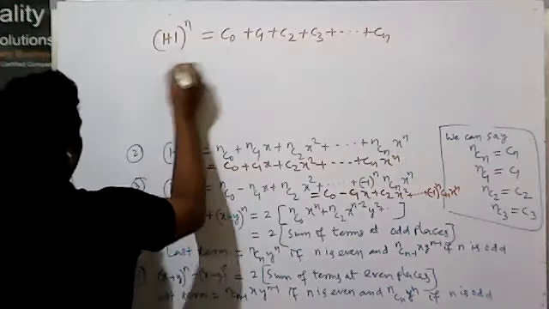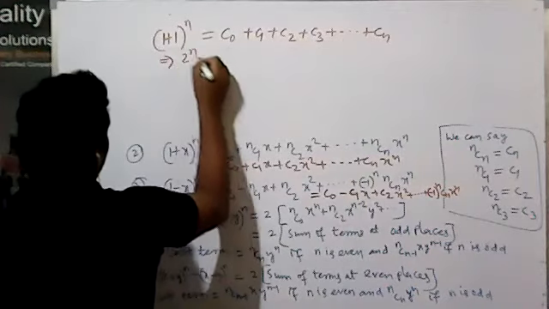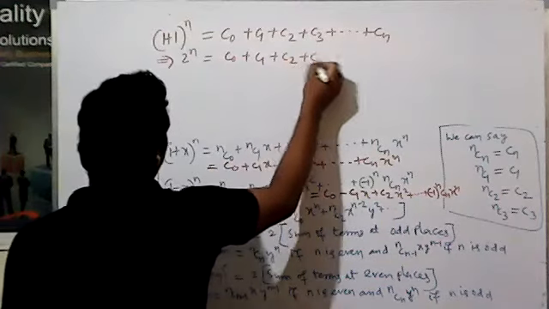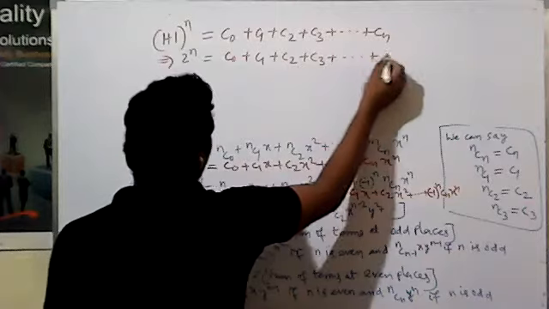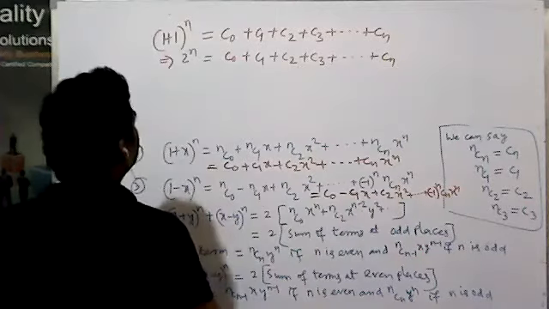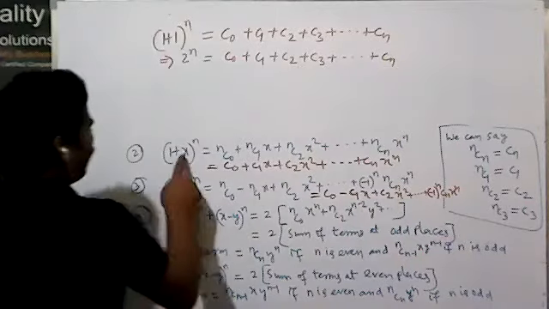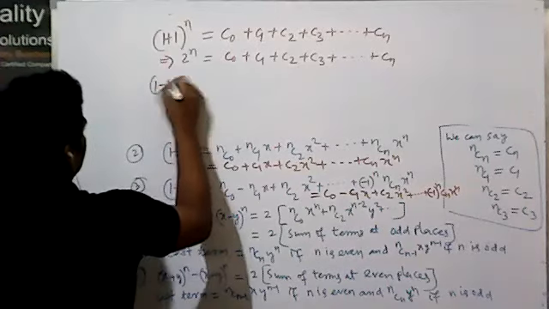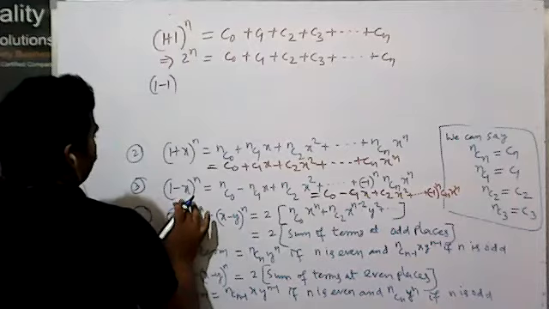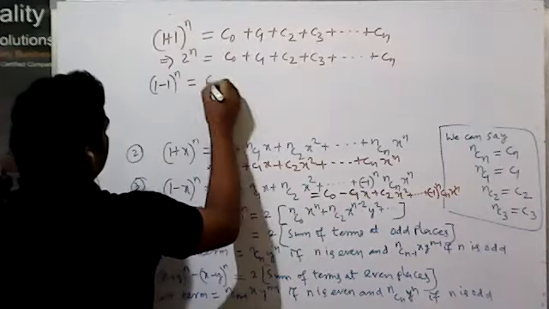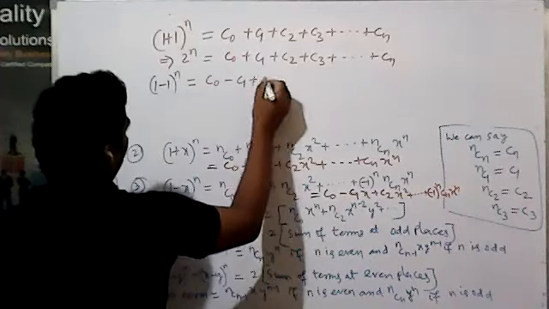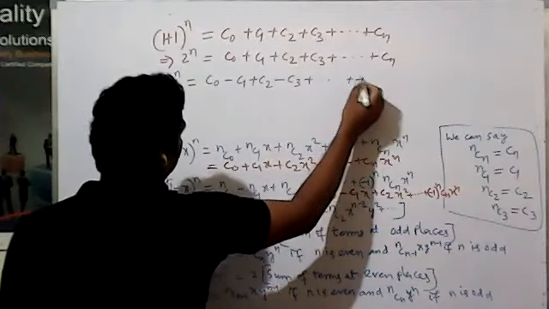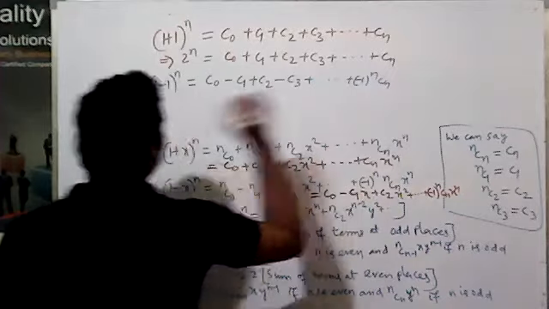Similarly, that's why that value comes 2 to the power n, C0, C1, C2, C3, dot dot dot, Cn. Same concept, if you put minus in the place of x, that is 1 minus 1, that is equal to C0 minus C1 plus C2 minus C3 plus dot dot dot plus minus 1 to the power n Cn.